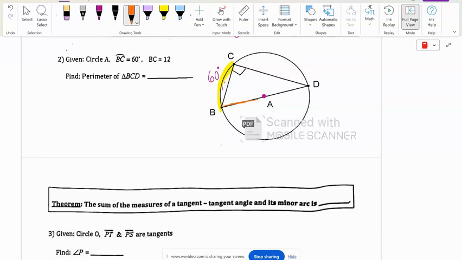Good. Angle D. And I'm going to ask you, angle D, is it inside angle, outside angle, or an on angle? It's an on angle. So angle D will equal the arc divided by 2. And the arc that it's eating is 60 degrees. So it's 60 degrees divided by 2. So angle D is 30 degrees.